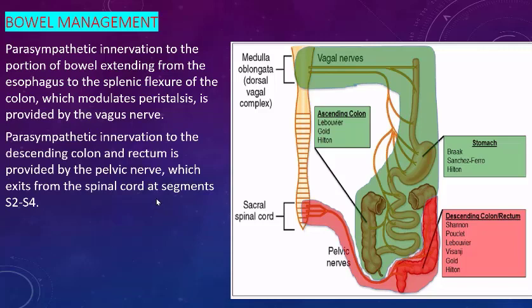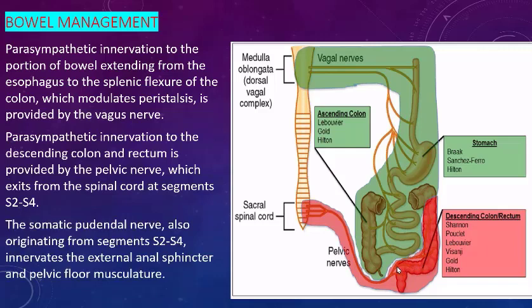Parasympathetic innervation to the descending colon and rectum is provided by the pelvic nerve, which exits from the spinal cord at segments S2 to S4. You can see this area, the descending colon and the rectum, is supplied by S2 to S4.